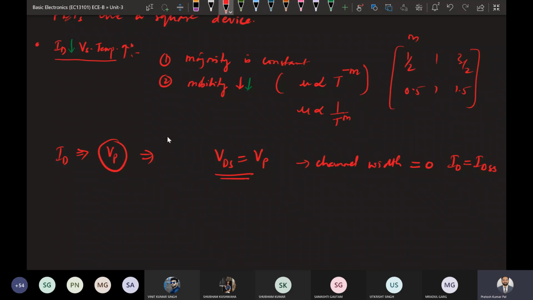But practically the channel width is not going to be 0. At that time the channel width reduces very much, but it is not exactly 0. So there is some space available between the two depletion regions. As we increase the VDS, there will be high electric field intensity in the channel region.